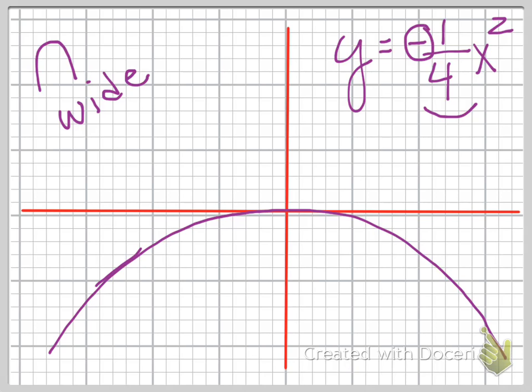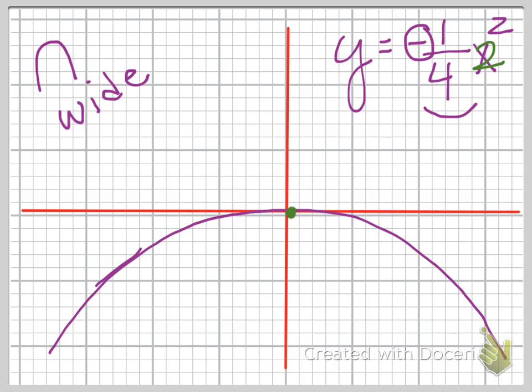I'm going to throw in a different color just so that we can have some better points. So we know we're at 0, 0, at the origin. Now let's pick a simple value. I'd like to go to 2 because I really don't want to graph a fraction. So if x is 2, then 2 squared is 4.